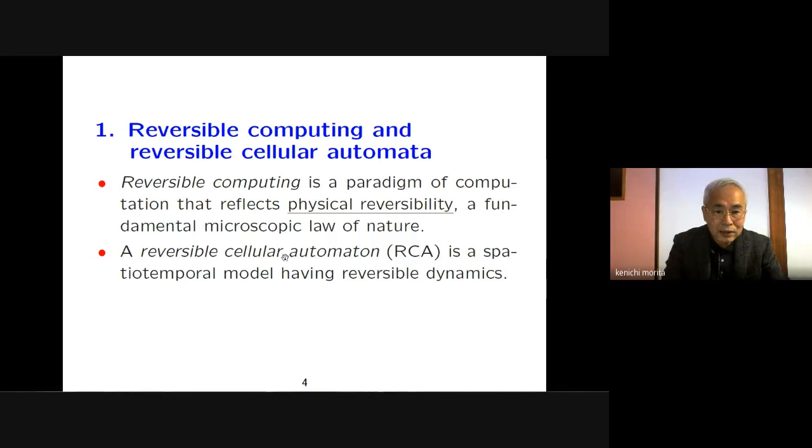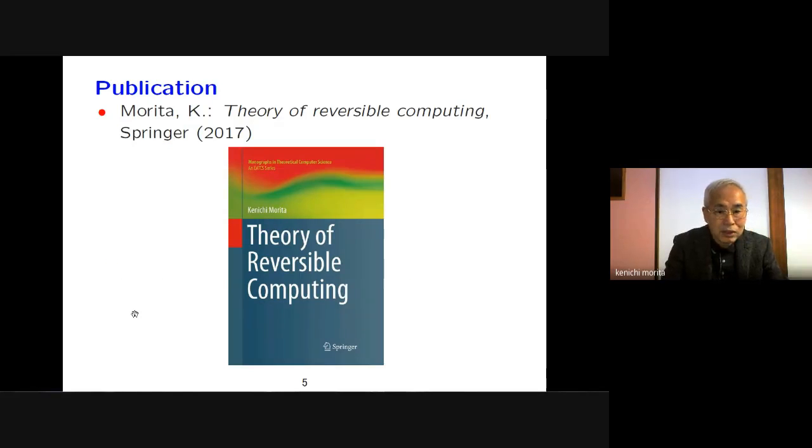An RCA, reversible cellular automaton, is regarded as one of the reversible computing models. Based on my studies on these topics, I recently published a book, Theory of Reversible Computing. It also contains reversible cellular automata.